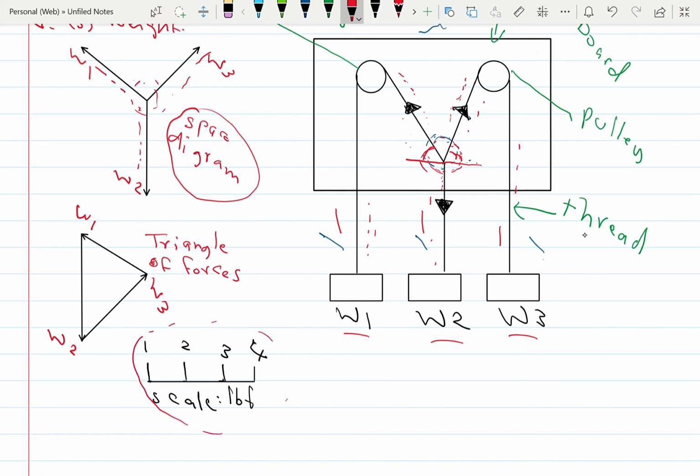Each one distance here gives us 1 pound of force. Then we convert this force to distance here in the triangle. So this one, say 4 pounds of force, and this one could be around 3, and this could be around 4 as well, or 3.